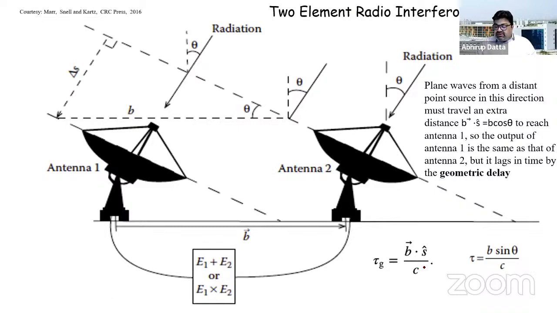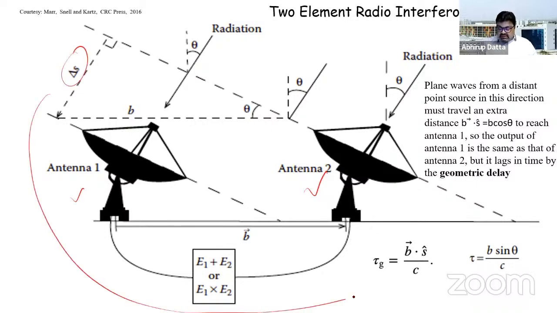As we consider a radio source coming from infinity, a distant far-away field, if it is moving in this direction to both the antennas, then it will appear earlier in antenna 2 than antenna 1, and the additional path length converts directly to additional time delay, which is given by b dot s over c. And this all has been done before.